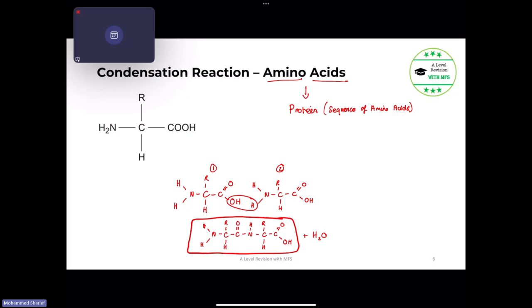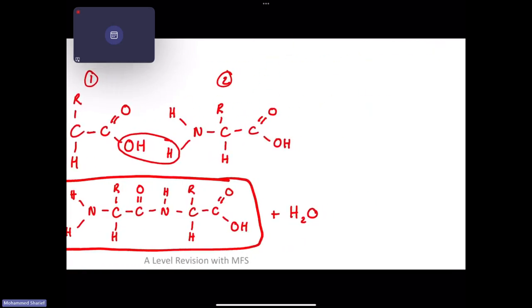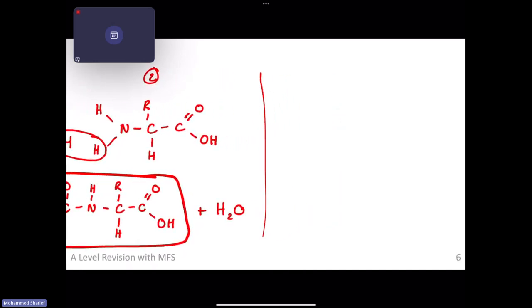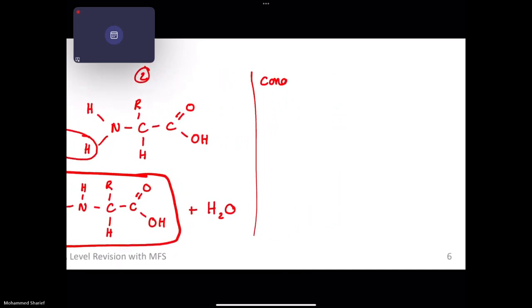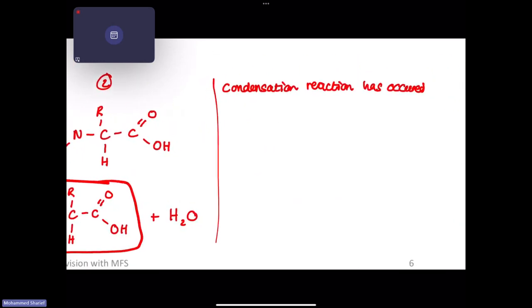So how would we explain this in words? Well, over here, what we can say is that a condensation reaction has occurred. And what else has occurred is that a molecule of water has been released.